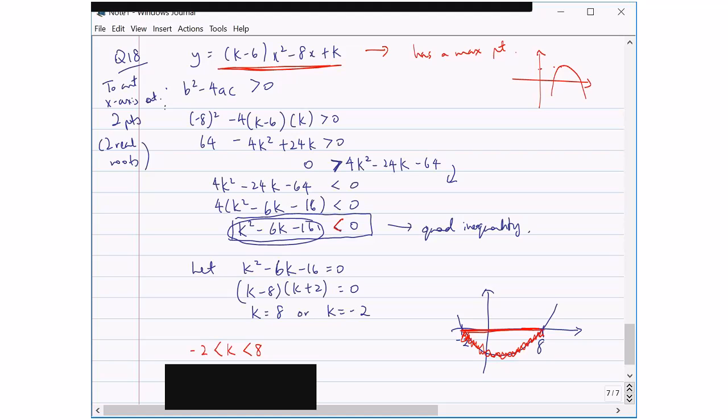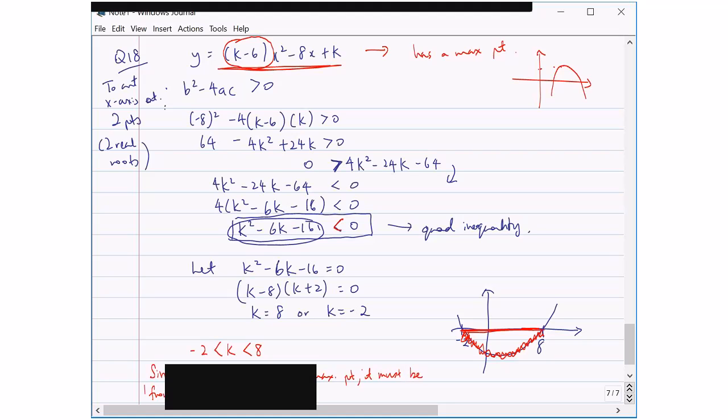And if it's a frowning curve, we know that the coefficient of x squared must be less than 0. So let me write down, okay? Since the original graph has a maximum point, it must be frowning.